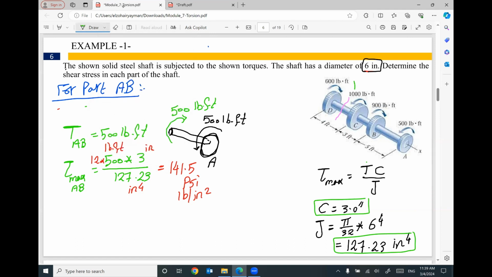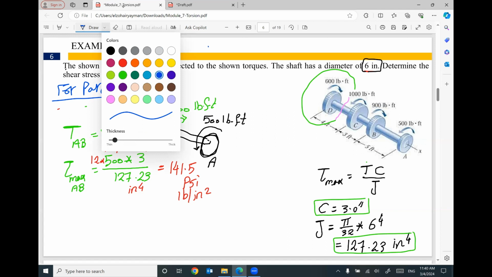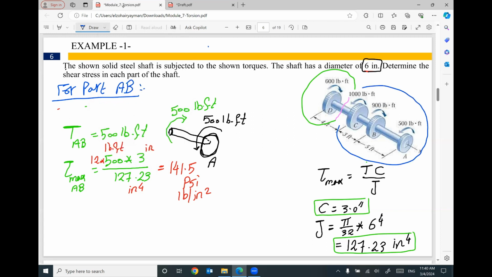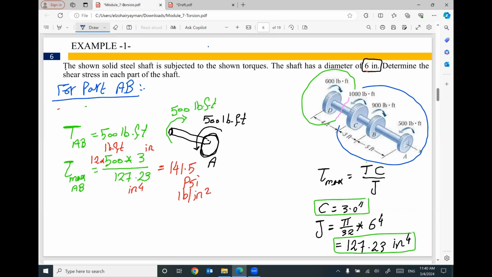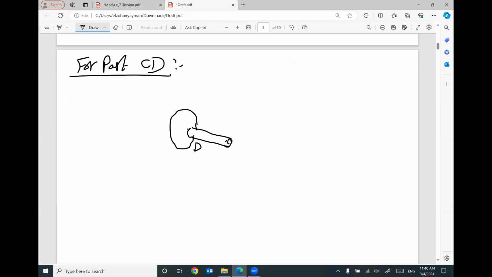You can use the left part, which is a very little one, or you can use the right part, which is very big. Both of them will give you the same answer. So I'm going to use the left part. So I did cut here, and I have a big circle like this. At D, how much torque here? It is 600 this way.